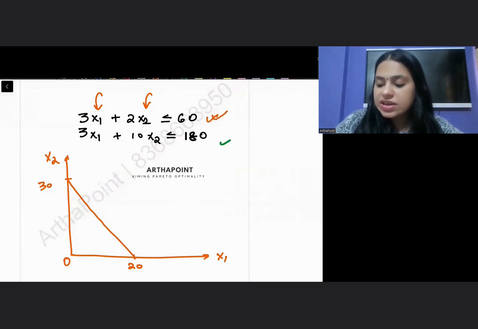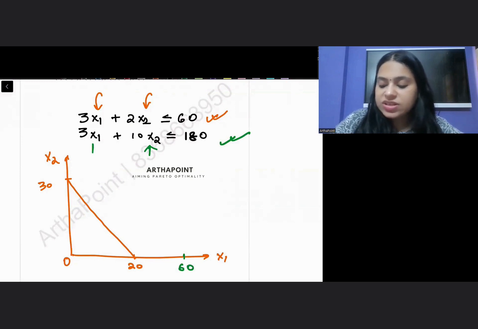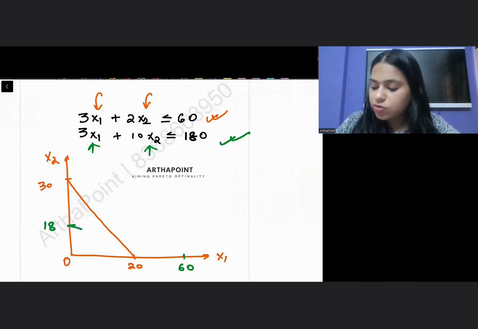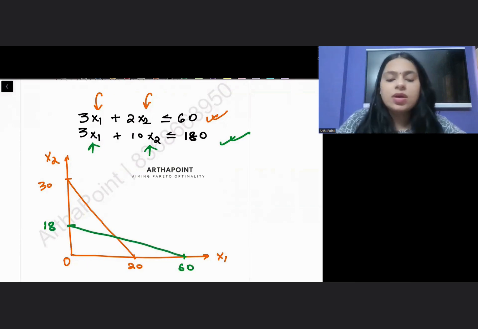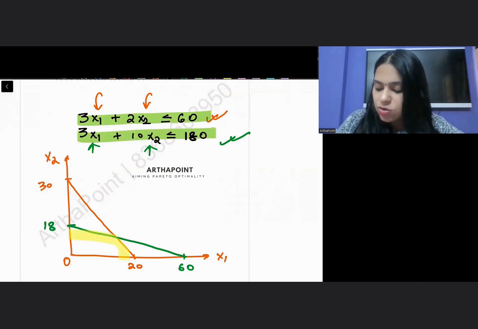Now, for the second graph, if I put x2 as 0, x1 will be 180 by 3, which is 60. And if I put x1 as 0, x2 will be 18. I can join these. I also need to find the common region. Because this is less than or equal to, it will be towards the origin. So I get this as my common region.